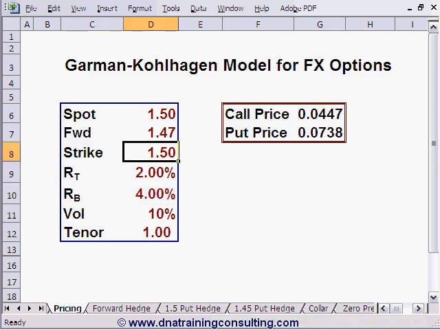For now, the strike over here is set at the current 1.5 spot level, but shortly we will show a variety of alternatives.